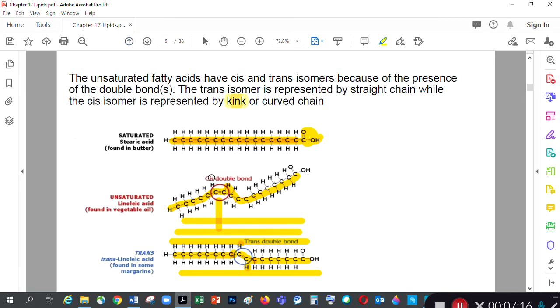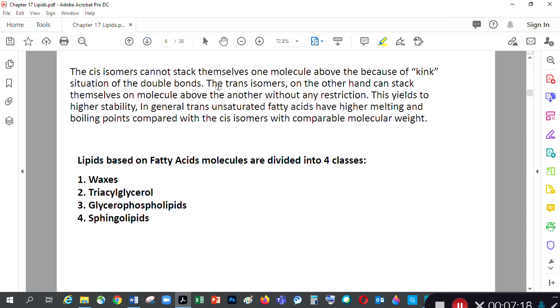Okay, so that's just explaining the whole thing here, and this is what we have explained in a couple of minutes: the trans has higher stability because it can stagger layers after layers, because they don't have this problem with the kink in the cis form.